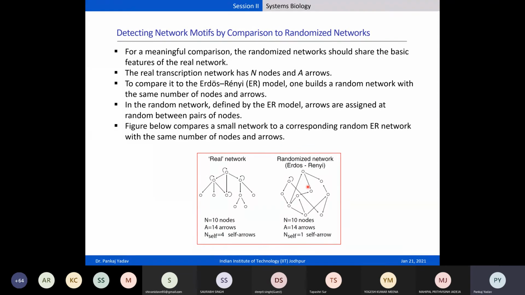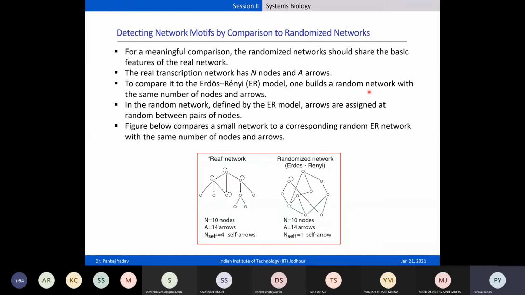Let's have a look at how we can use this to identify or detect network motifs. For a meaningful comparison, the randomized networks should share the basic features of the real network. This is one of the important conditions. This real transcription network, for example, will have, let's say, n nodes and a number of arrows. To compare it, remember the Erdős–Rényi model is used for random networks.